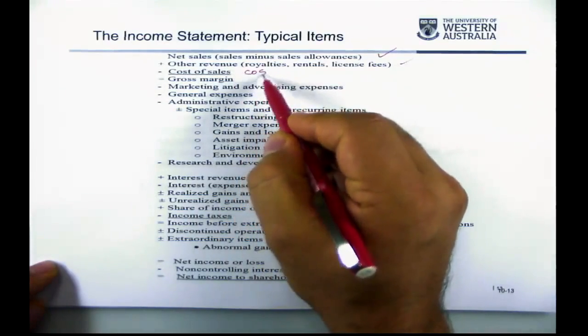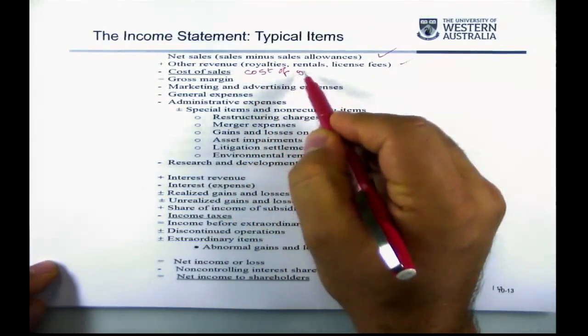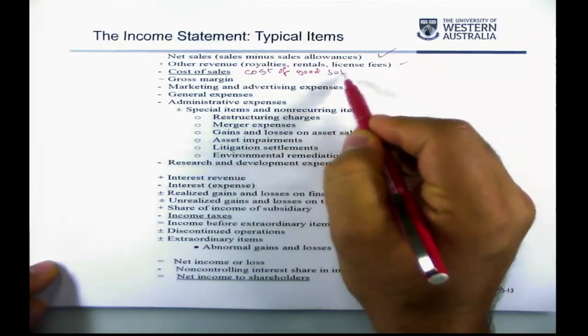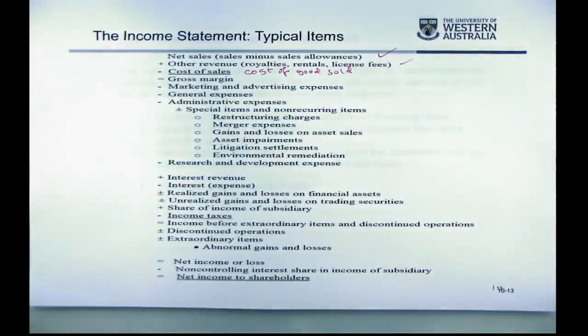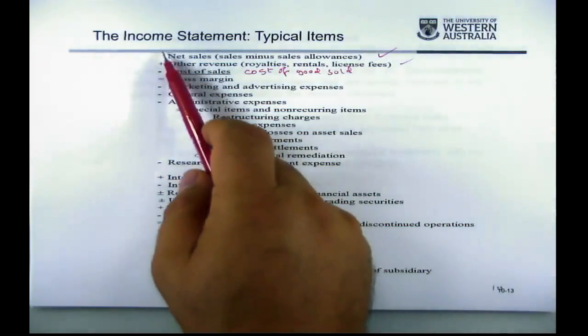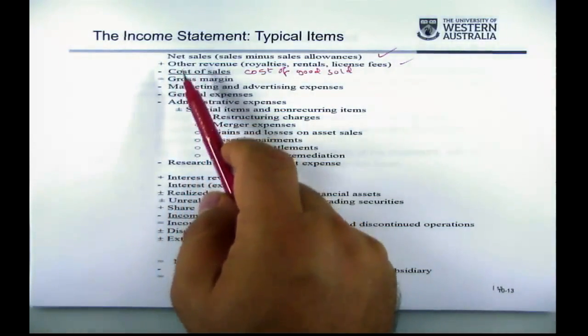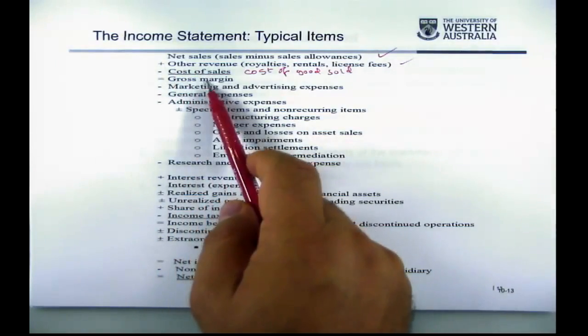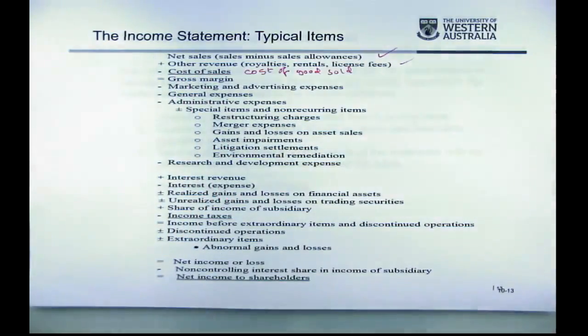Sometimes it is called cost of goods sold. The same. Cost of sales is the same as the cost of goods sold, okay? The difference between gross revenues, or total net sales plus other revenues, minus cost of goods sold gives you the gross margin. Sometimes it is called the gross profit. The same. Gross margin, gross profit, it is the same.